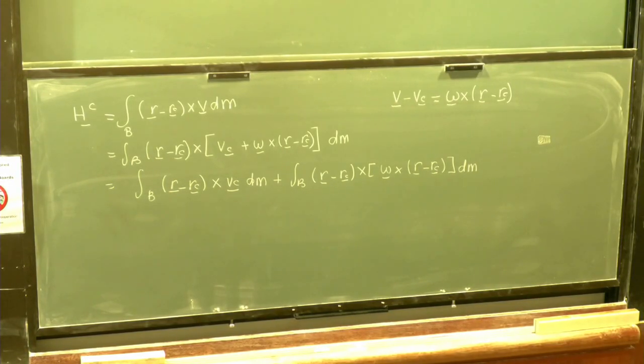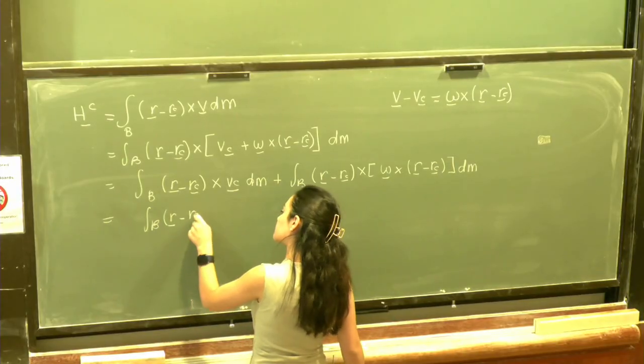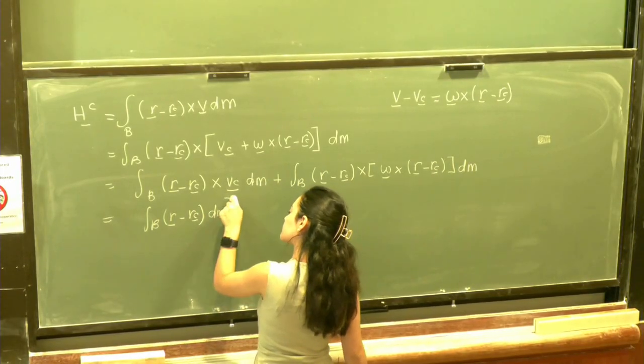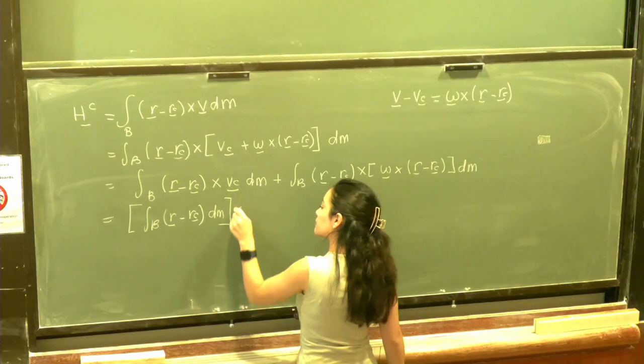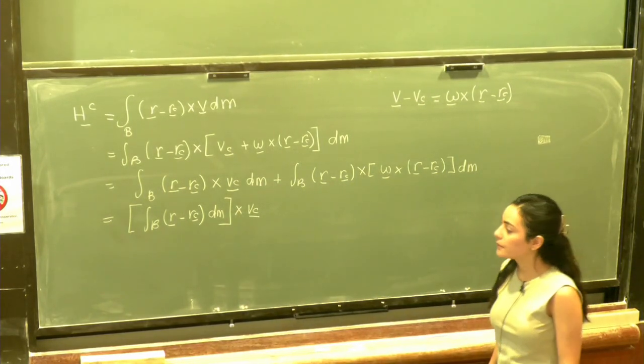I want to simplify these terms. How does the first term simplify? Right, exactly. So VC does not depend on dm, so I can take it outside the integral. So that's for the first term.